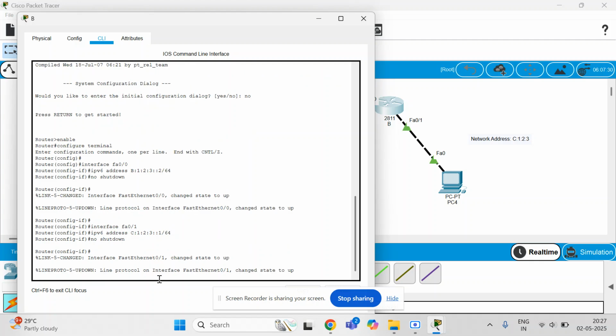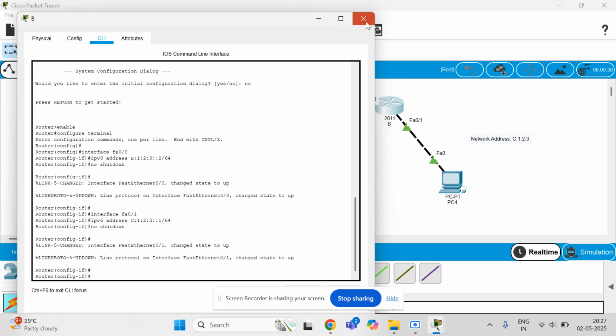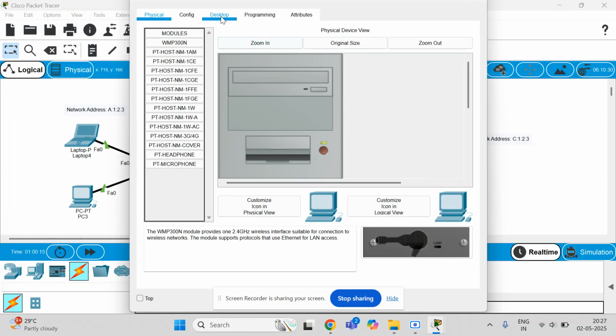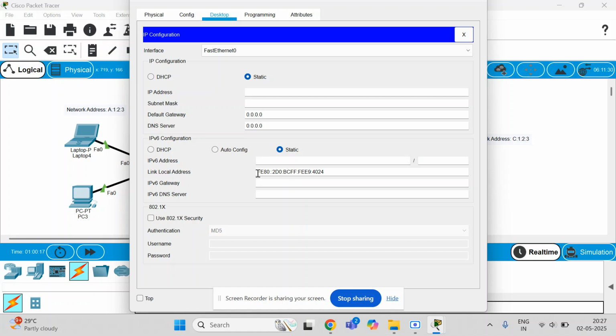This address acts as a gateway for this PC, right? Now go to the PC desktop IP. Here give the IP C colon 1 colon 2 colon 3 colon colon 2 slash 64, and gateway C colon 1 colon 2 colon 3 colon colon 2.